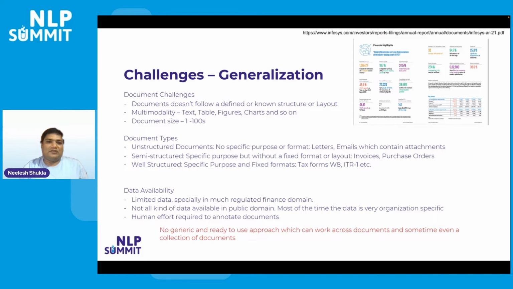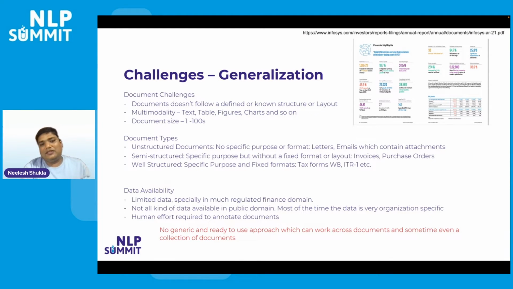But here, if you talk about documents, it has images, it has tables, it has text and everything, right? So this makes this task challenging. And since every document is different from other documents, there are no general techniques which can be applied across all the documents.